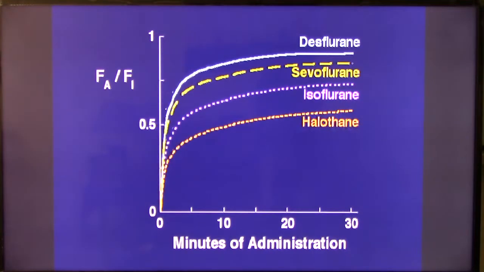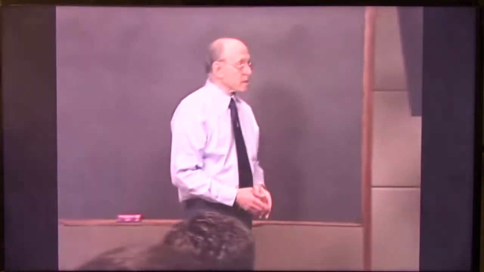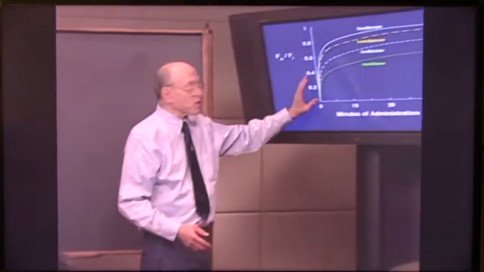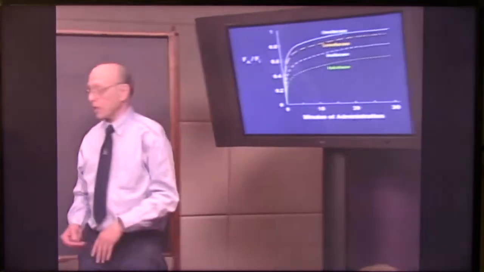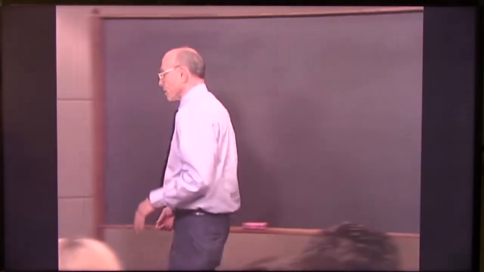And there are two messages in this slide that you need to appreciate. The first is that the anesthetics are different in their position. And the second is that the shapes of each curve are the same. The shape of each curve takes the following form.